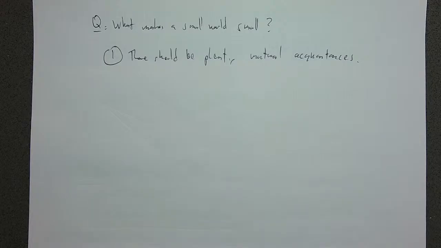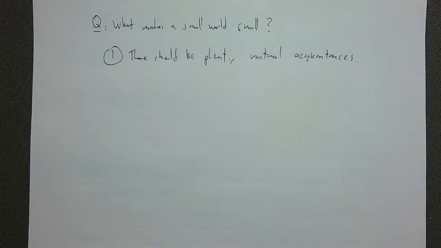If you're on the other side of the cycle from the person, you are very far removed from a vertex right on the opposite side. And an empty graph, obviously, is one where everyone is completely isolated. So there should be plenty of mutual acquaintances here, so shared neighbors.